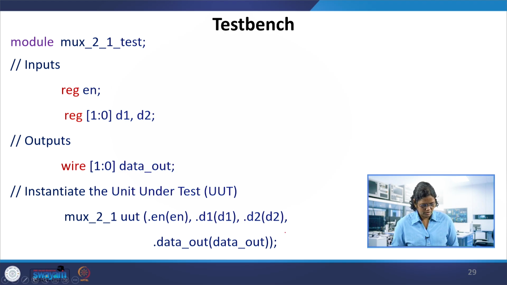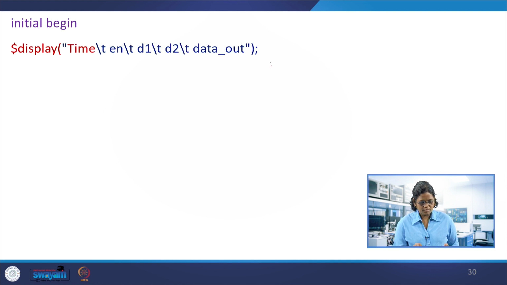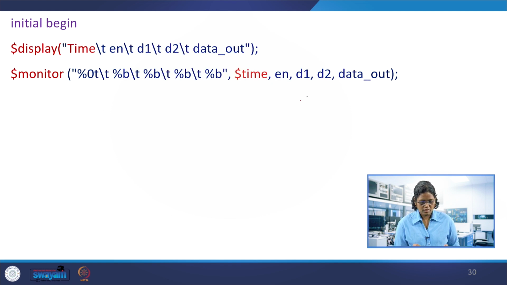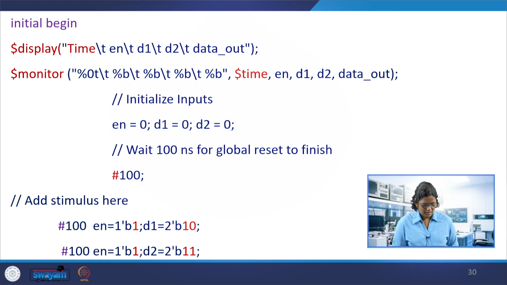Next, give the stimulus: initial begin, display, monitor, initialize the inputs, and then add the stimulus here. The stimulus should be enable 1, and at that time what is data 1, and enable 1 again, what is data 2.